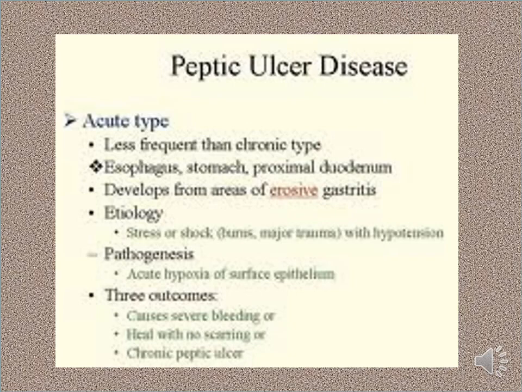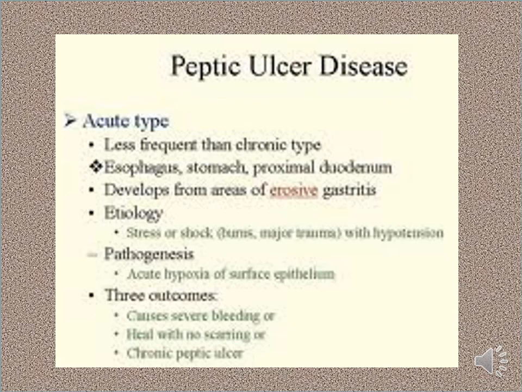We divide peptic ulcer into two categories, acute or chronic. Acute is a rapid onset of peptic ulcer symptoms. The acute type is less frequent than the chronic type, affecting the esophagus, stomach and proximal duodenum, developing from areas of erosive gastritis. The etiology is stress or shock, like burns, major trauma, or hypotension.